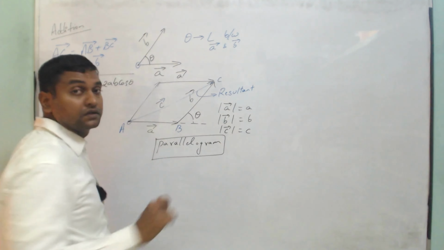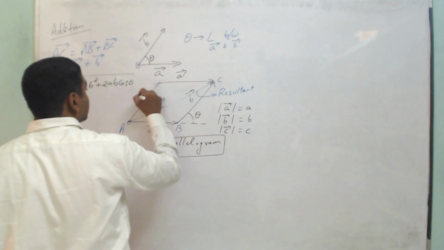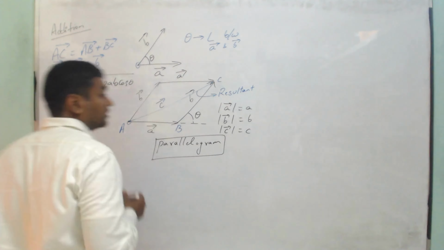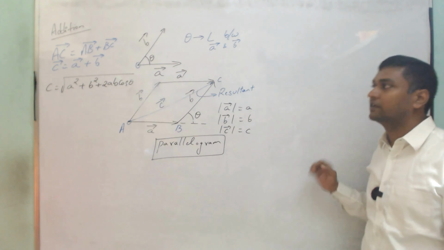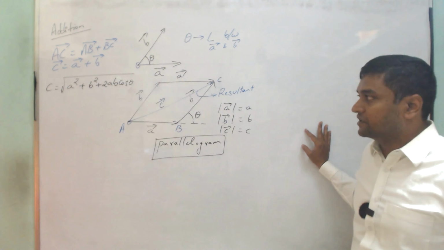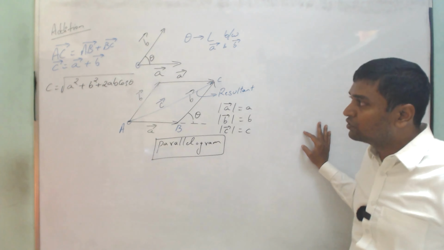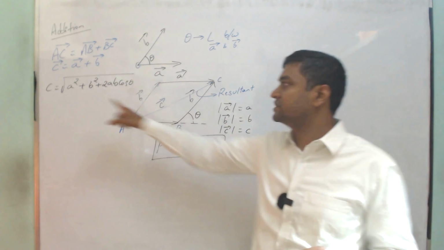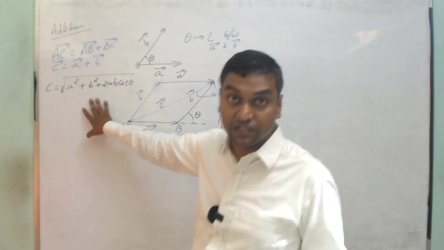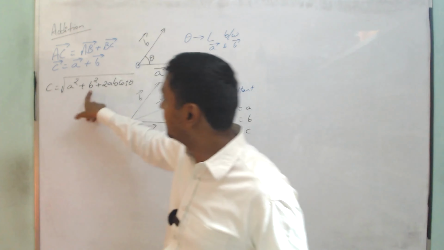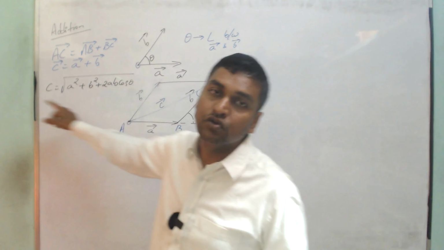ठीक है? अबे हाँ ना बोल. हाँ. ठीक है? Next, see, we only know the magnitude of C bar right now. We still don't know the direction. If we know A, B, and theta, that means we know C, right?